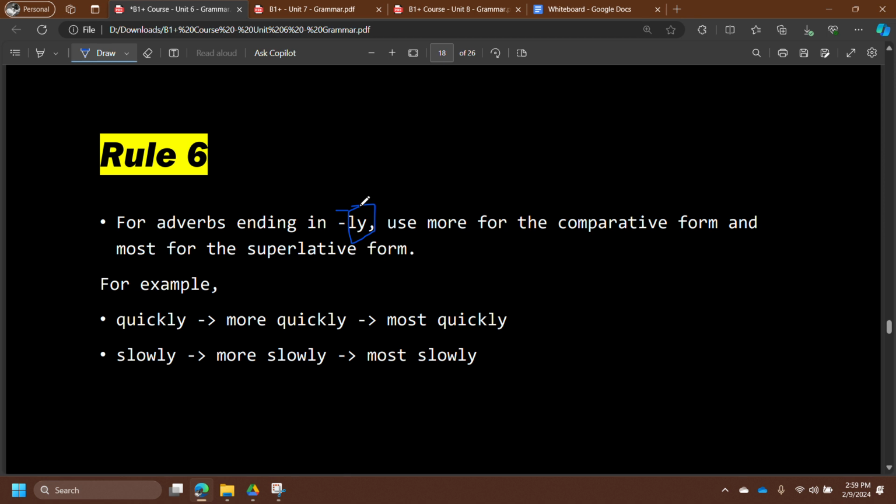Because they're adverbs, they're different. So, example, quickly doesn't become quicklier, we say more quickly and most quickly. Slowly is okay, more slowly is okay, but slowlier is not okay. And the same thing goes for most slowly, which is okay, but slowliest is not correct.